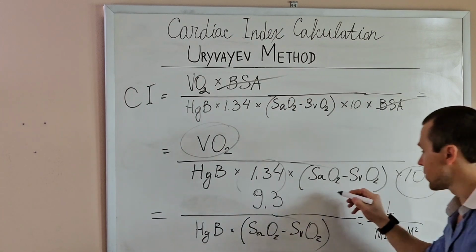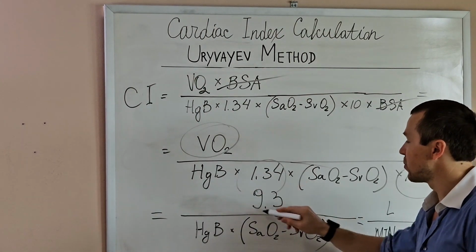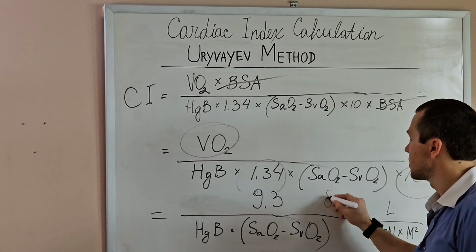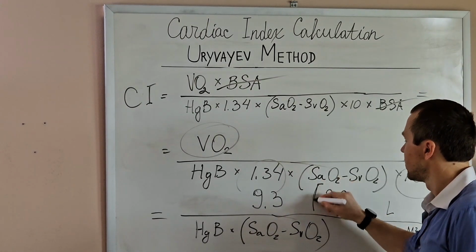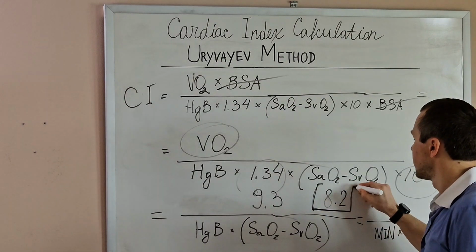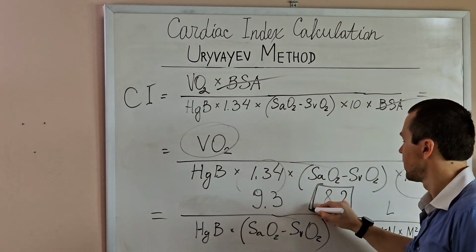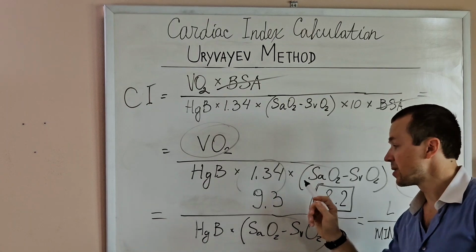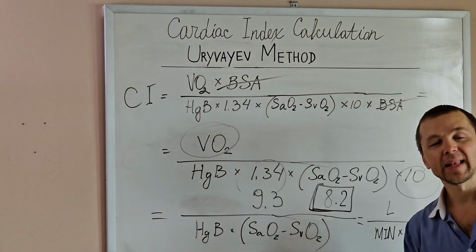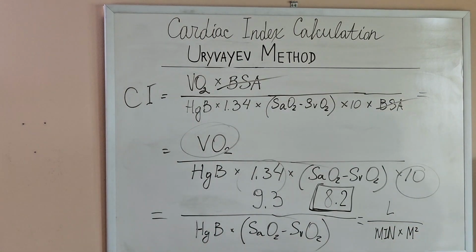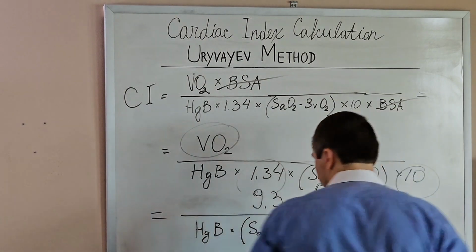Well, for the older person, instead of 9.3, you will use 8.2. So it's either 9.3 or 8.2, depending on the person's metabolic rate.